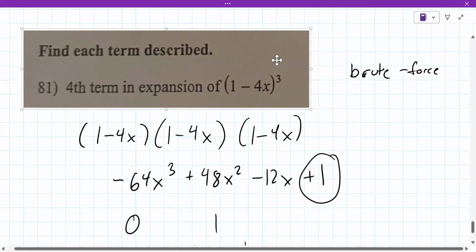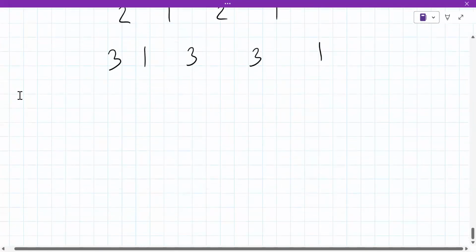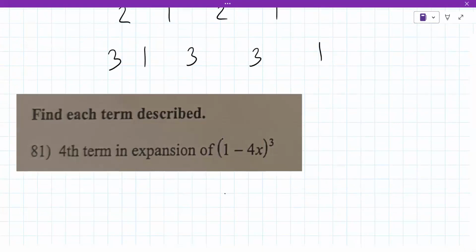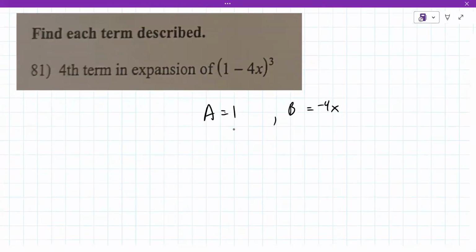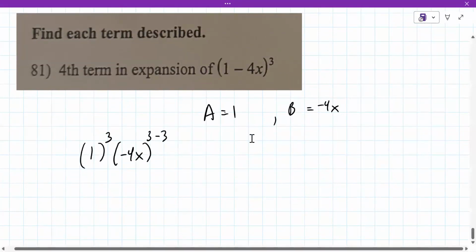The second thing is to remember that it's really like, and I use this notation, A is 1 and B is minus 4x. And so your terms look like this. You have to take your A to the power of 3, the other term to the power of 3 minus 3. You're going to see a pattern here.